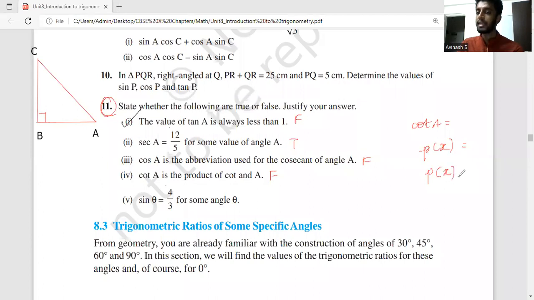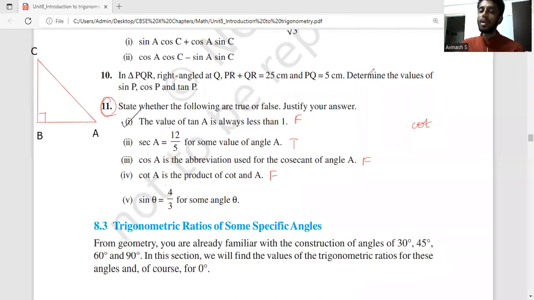When we say P of X, it means polynomial of X. If we say P of Y, it means a polynomial having the variable Y. Likewise, if we say cot A, it means cot of angle A, which means cot all by itself doesn't have any meaning. It is nothing but cot of an angle, sine of an angle, or any angle for that matter.